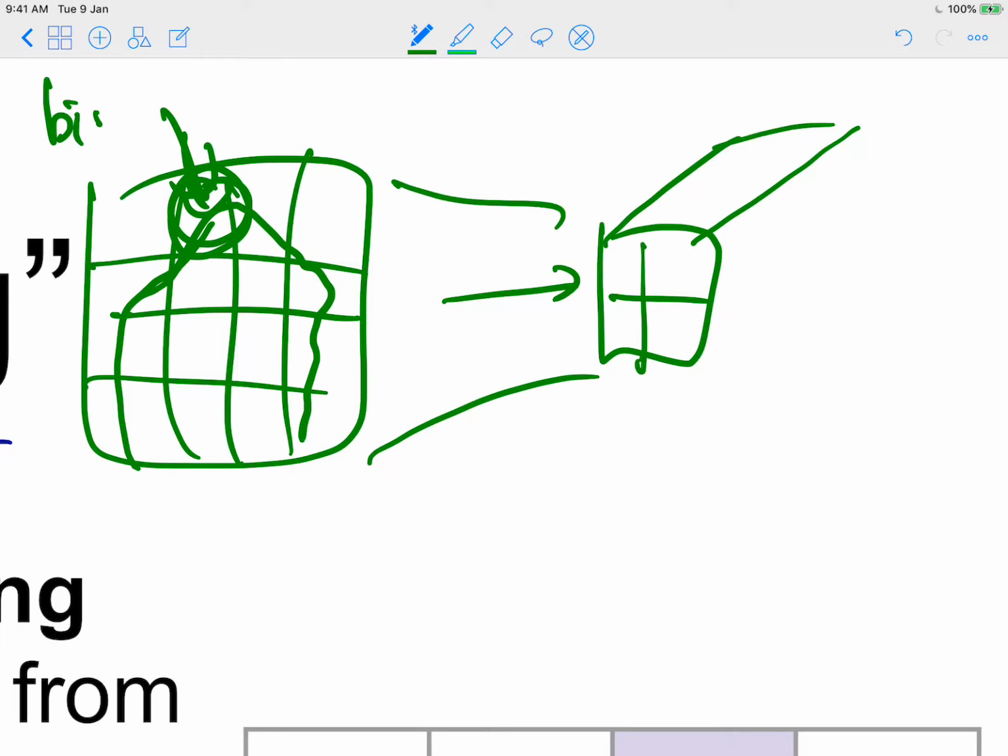Because we are doing the max pooling or downsampling, right? And then using that information, we now start our upsampling.